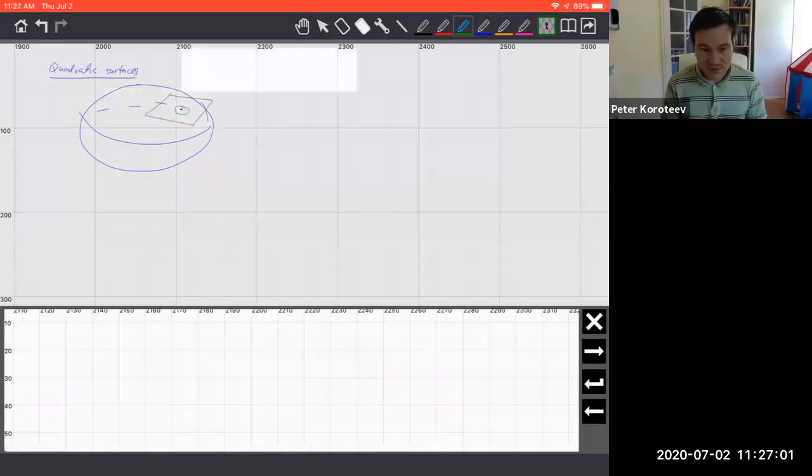When I say quadratic surface, it's a surface that is described by a quadratic equation in x, y, and z. So this is what it is.